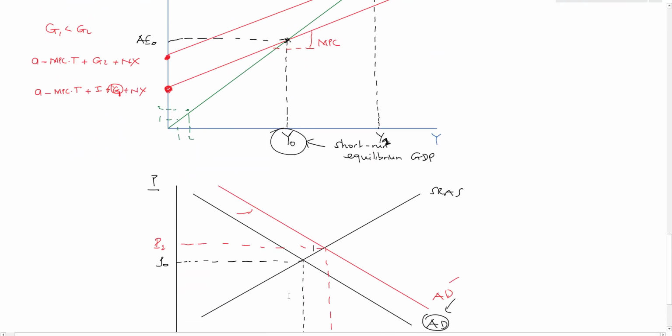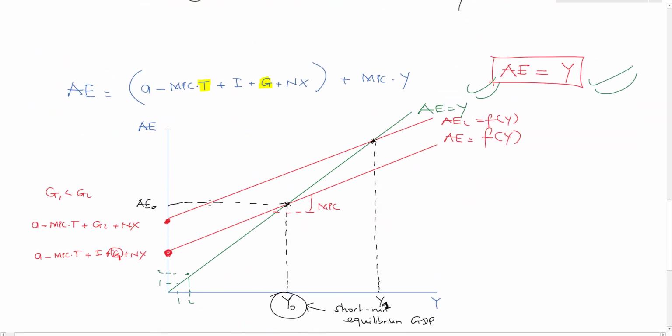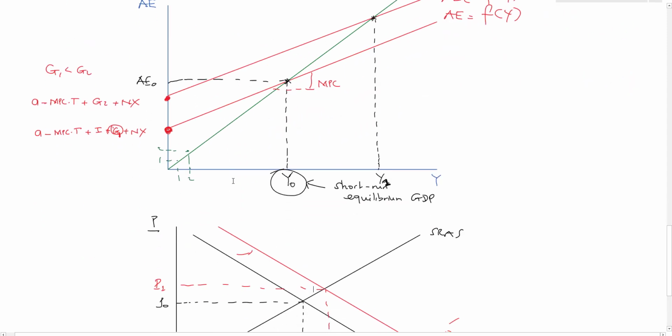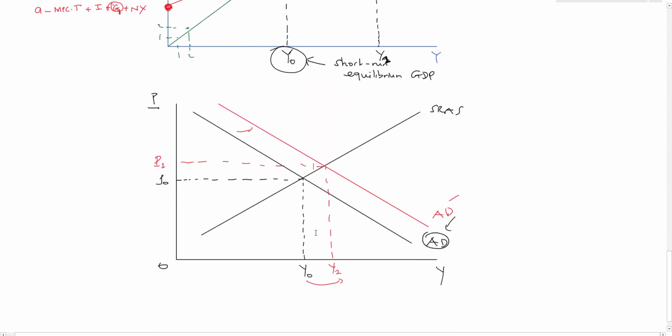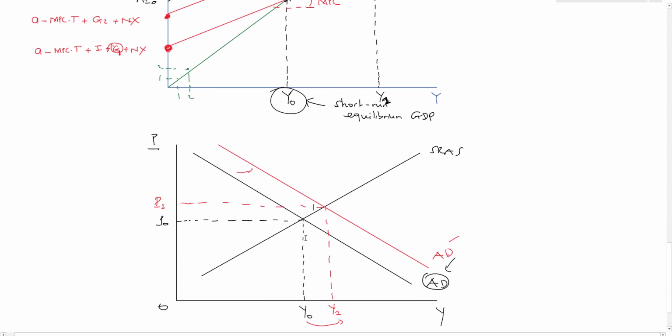This is just to show you that if you increase fiscal policy with an increase in government spending, it will increase the real GDP here, and it will increase the real GDP here as well. Now, the reason why we're looking at the same effect from a different angle is very simple. Using this model, it's impossible to really do what we set out to do at the beginning of this chapter.